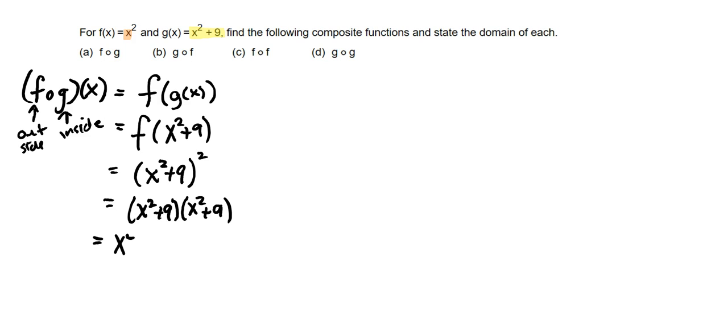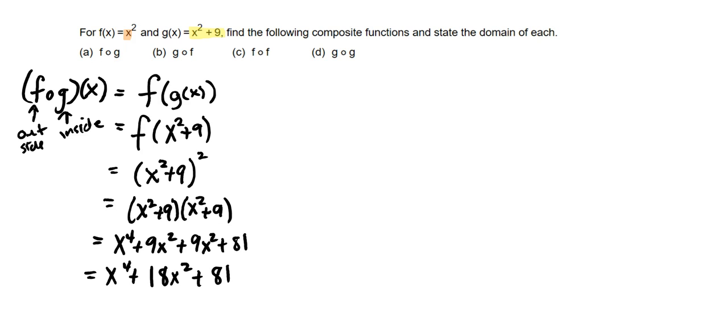Multiply that out, we get x to the 4th plus 9x squared plus 9x squared plus 81. And we can combine like terms. 9x squared plus 9x squared is 18x squared. So f composed with g of x is x to the 4th plus 18x squared plus 81.